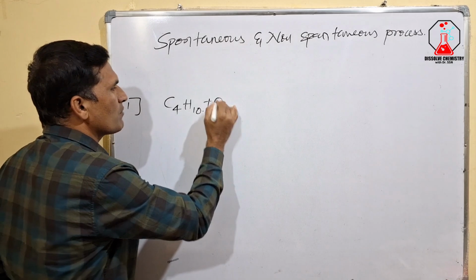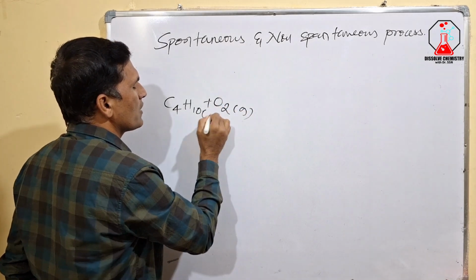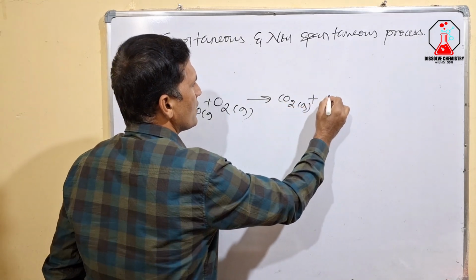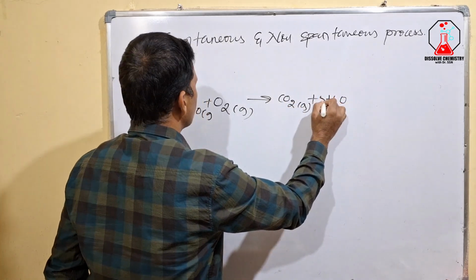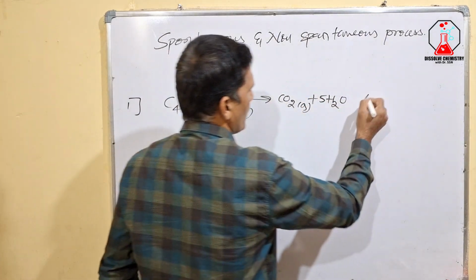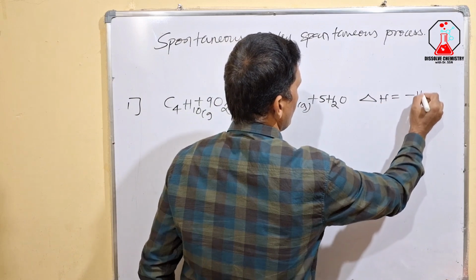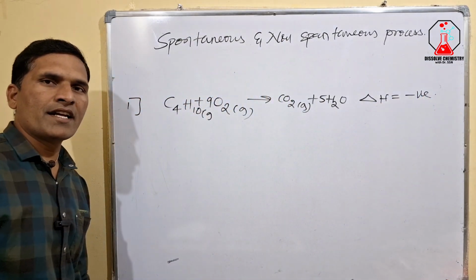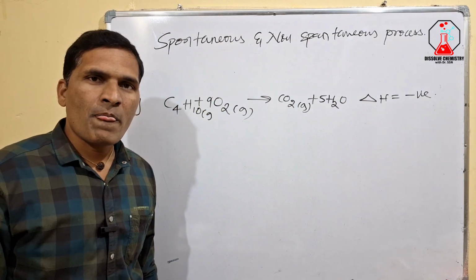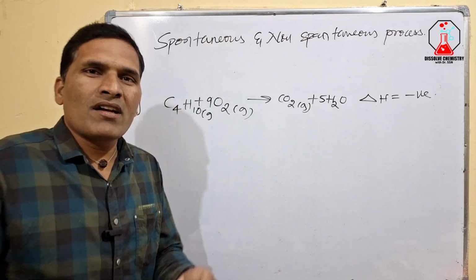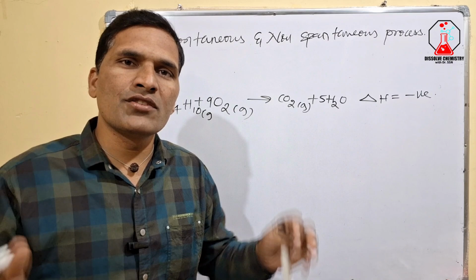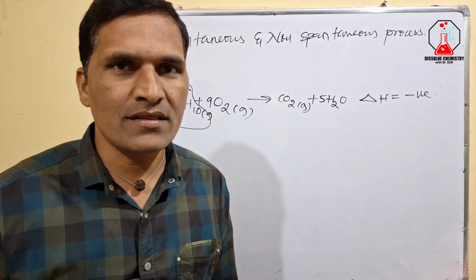It will burn on its own and give a tremendous amount of heat energy, with 9 molecules of oxygen reacting, where delta H is negative for this reaction. You are not doing any work on it. Just one spark, and it burns on its own. Therefore it is a spontaneous reaction.